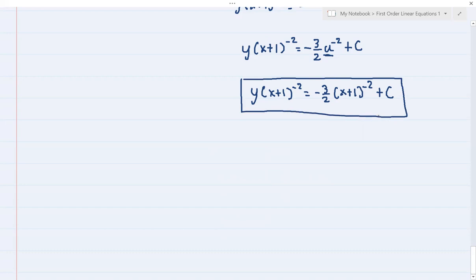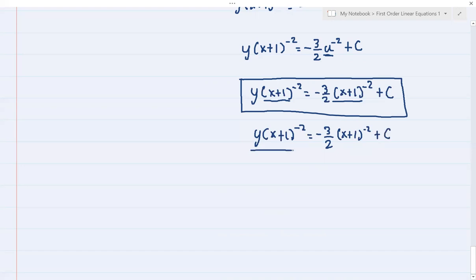Or you can actually simplify this one. If you want to make your equation in terms of y, meaning y in terms of x, then there's no problem. So let me rewrite the equation once again. So y times quantity (x plus 1) raised to negative 2 is equal to negative 3 halves times (x plus 1) raised to negative 2 plus c.